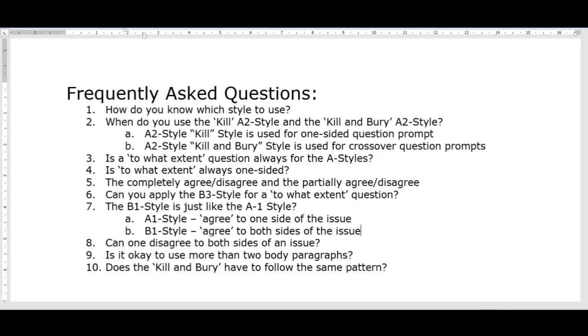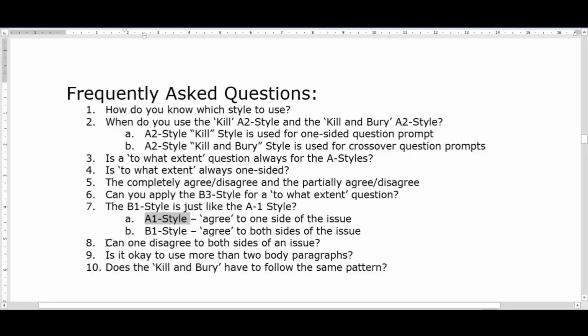Remember, the B style is inherently a crossover style. We're talking about two sides of an issue. And the A1 style is inherently a one-sided question prompt. So the answer to that question is yes. They're actually very similar to each other.